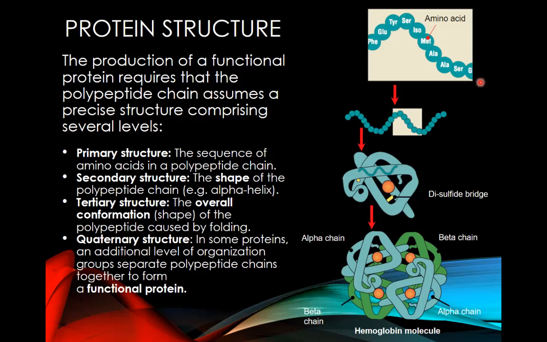Once that structure is cut loose after being manufactured, it begins to fold upon itself. The initial folds form those beta sheets and form those alpha helices that we just talked about. These structures make up the secondary structure of the protein.